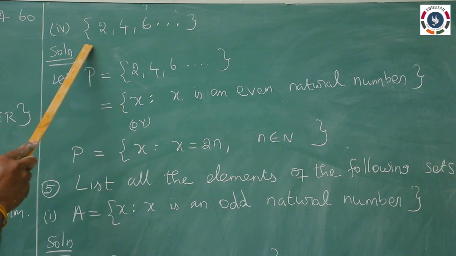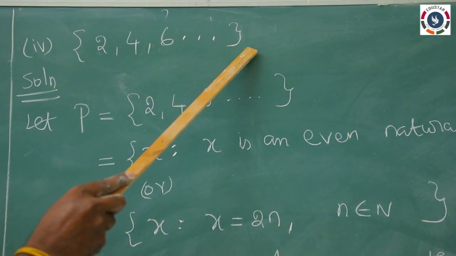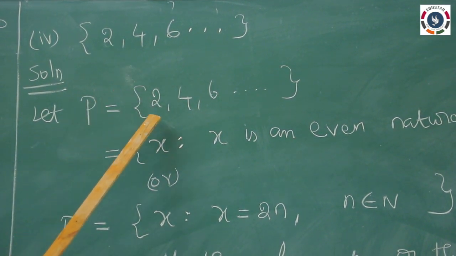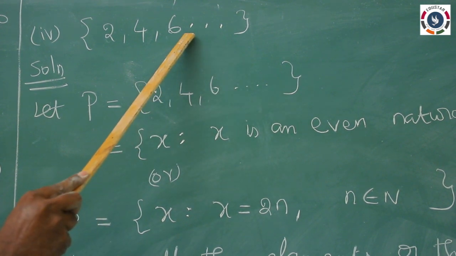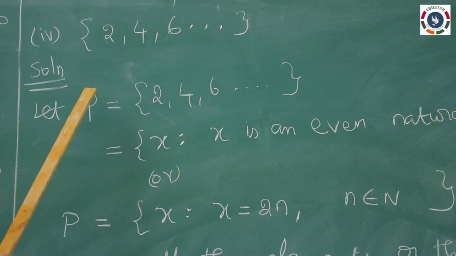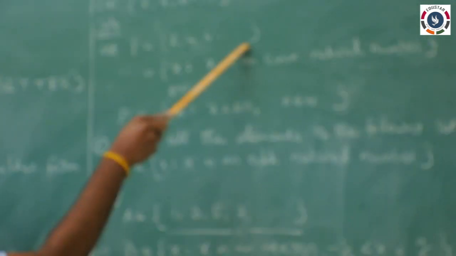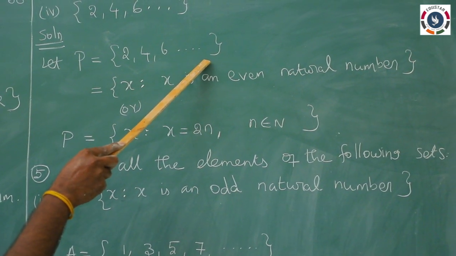Next problem, {2, 4, 6, 8, ...} written in set builder form. Let P equal to {2, 4, 6, ...}. These values 2, 4, 6, 8 are even natural numbers.